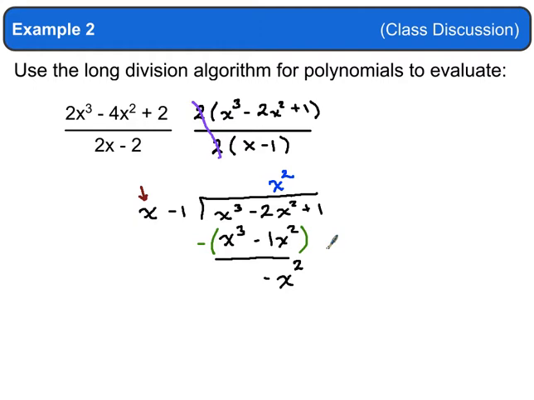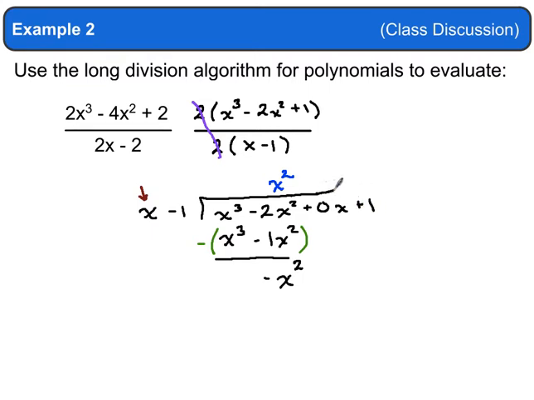Now, this brings up an interesting idea. Notice we have an exponent of 3, an exponent of 2. Logically, the next exponent would be 1, but then we don't have that. This is where placeholders come into play. We actually need to make some room, and we need to put a plus 0x, and then we're going to put our plus 1.